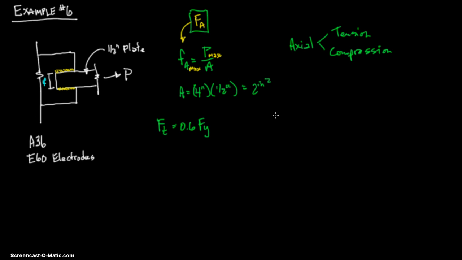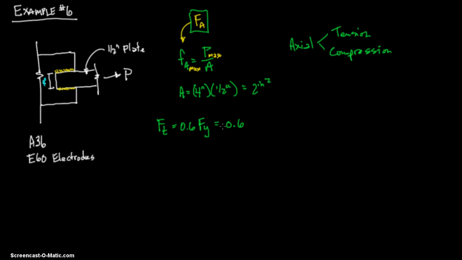If it's perfect compression with no buckling or anything, I think FC is 0.6 FY. But don't believe me, go look it up yourself. That would be in the columns section. So look through the specifications and come up with your own conclusions on that one.